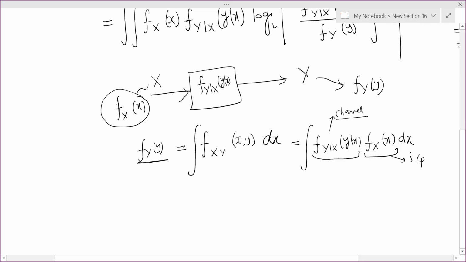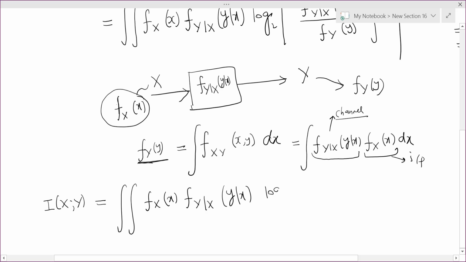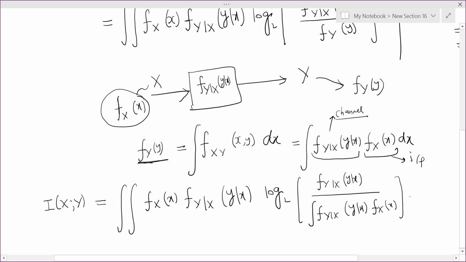Now if you put this expression back, I can write I of xy as the integral of fx of x, fy given x of y given x, log 2 of fy given x of y given x divided by the integral of fy given x fx of x dx.